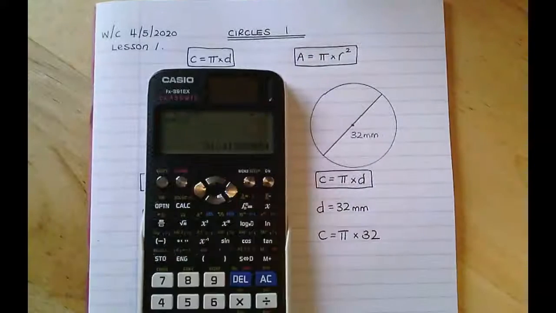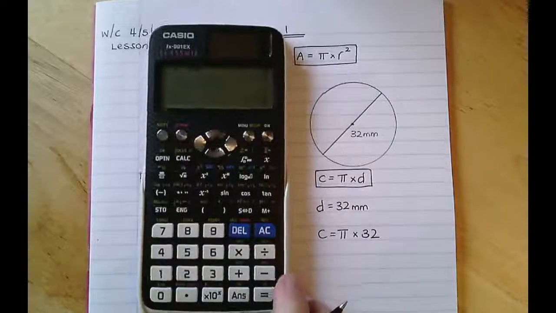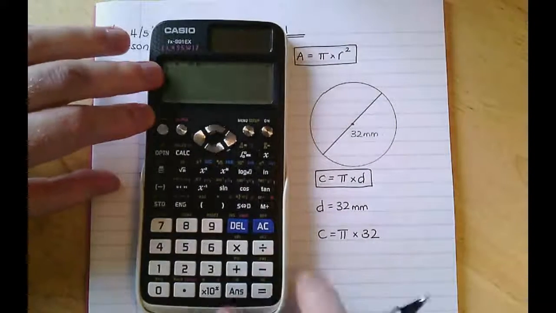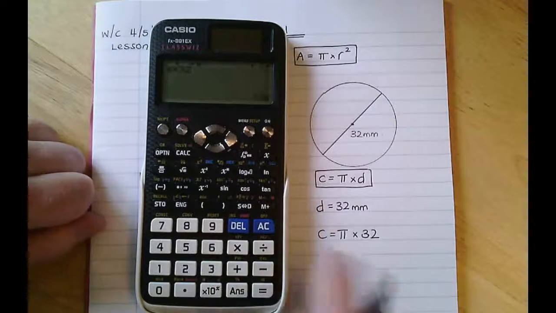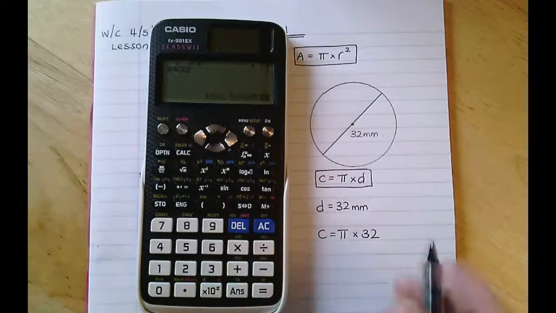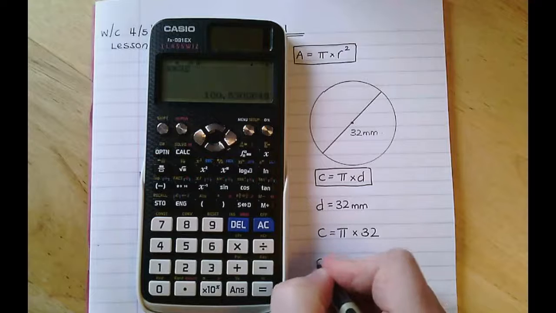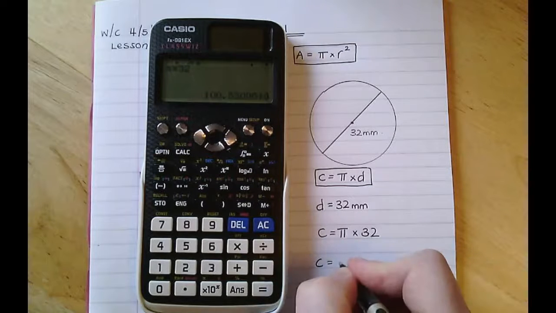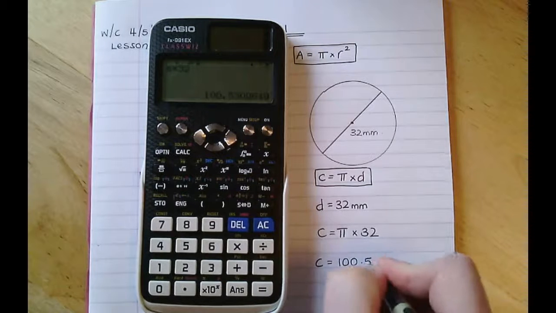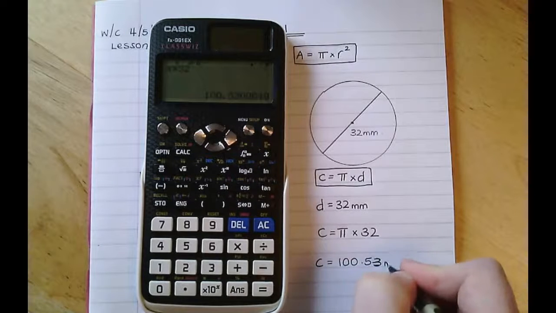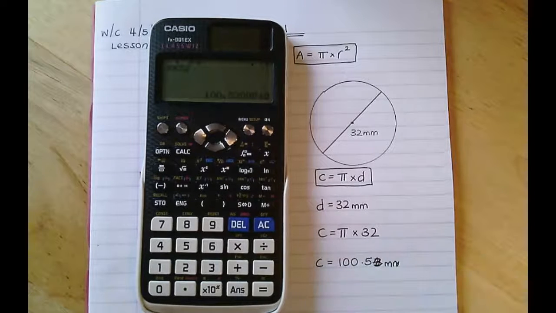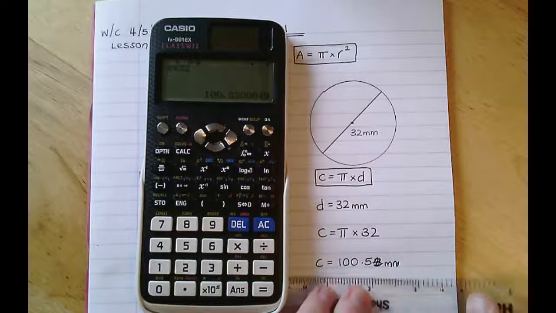Again, stick it into your calculator. Press S to D, that'll give you as a decimal, and the circumference to one decimal place is 100.5 millimeters. And that's my answer.